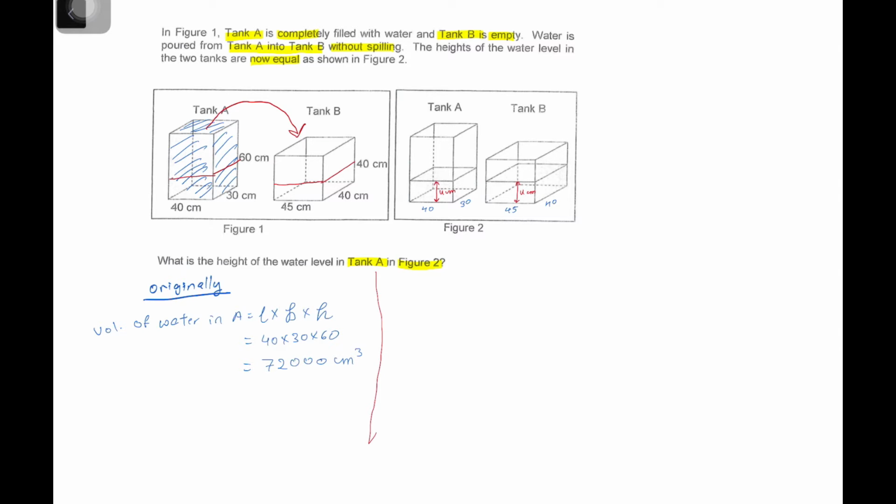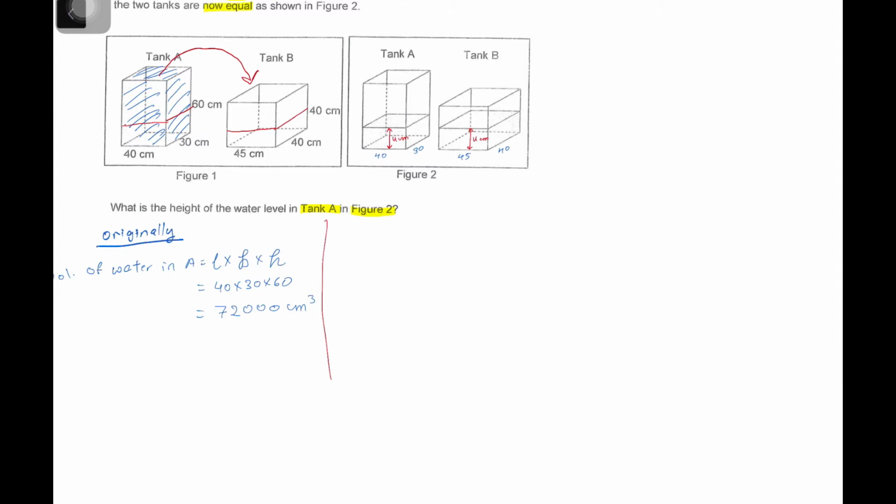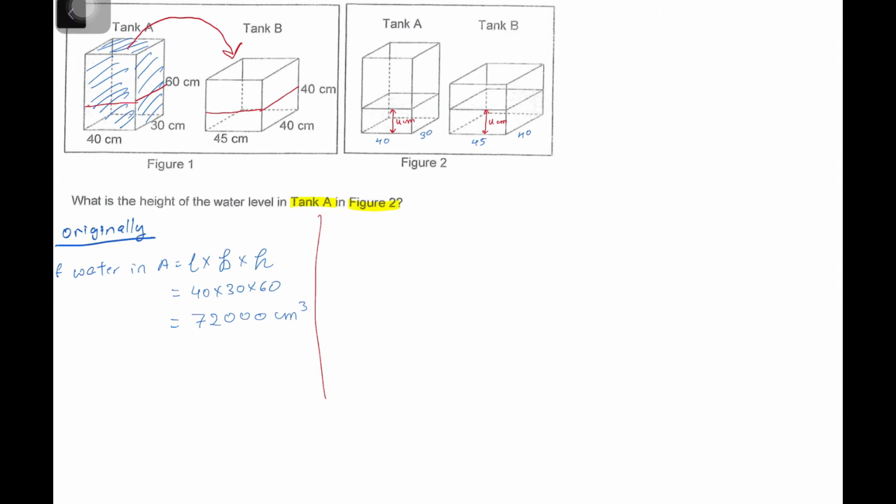And now after pouring water from A into B, the heights of both tanks are the same. So this is now, or you can say after, and this would be before.